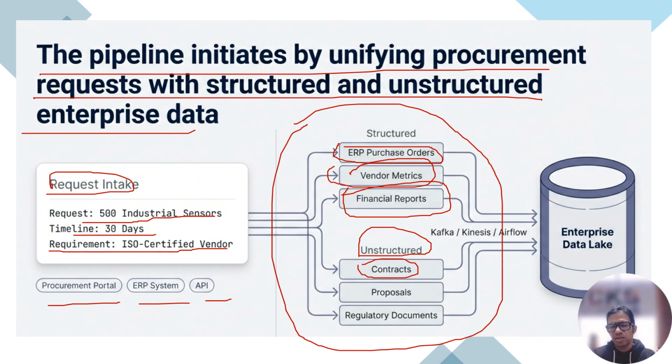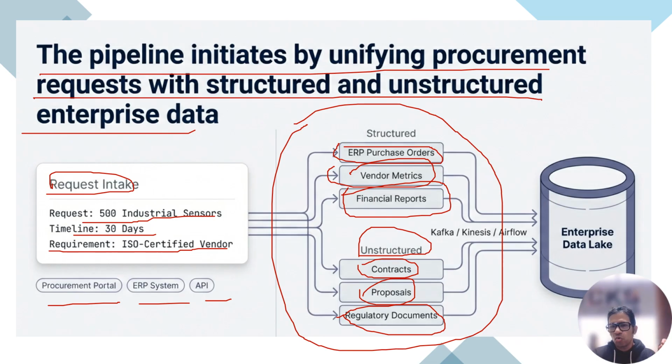Clauses, penalties, renewal terms, liability. Now this is proposals. It includes quotes, documents, terms, delivery promises, assumptions. And now the last one, regulatory documents: policies, export restrictions, compliance requirements, industry standards.